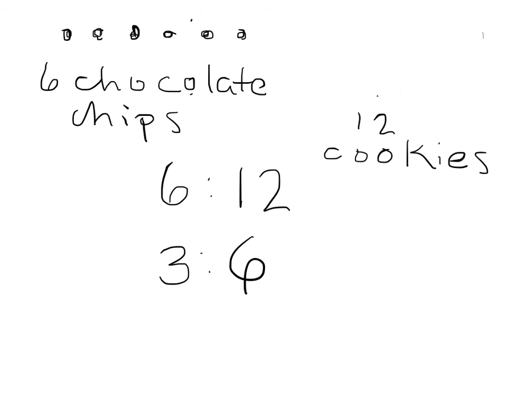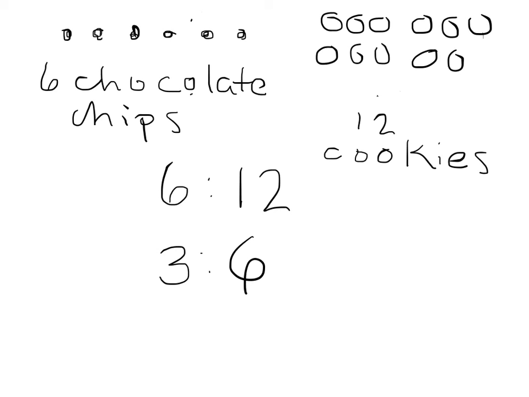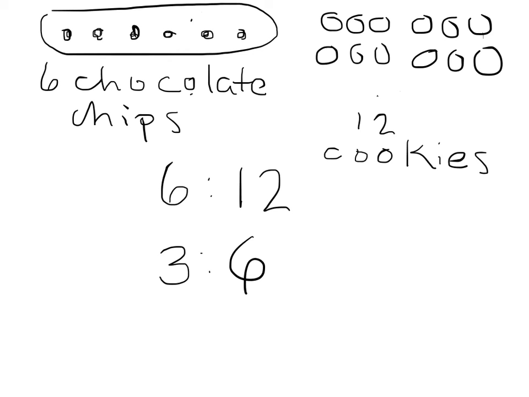So if I make 12 more cookies, 1, 2, 3, 4, 5, 6, 7, 8, 9, 10, 11, 12. Don't they look delicious? I could say that I have 1 whole group of 6 cookies, or 6 chocolate chips. 1 whole group of 6 chocolate chips.